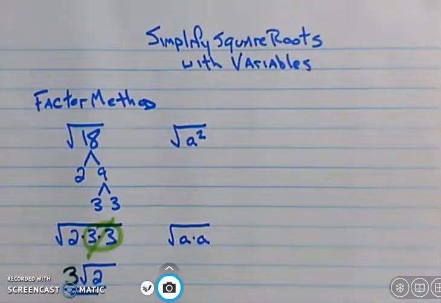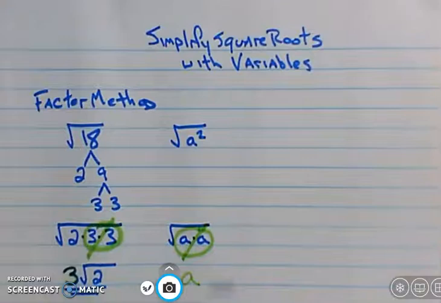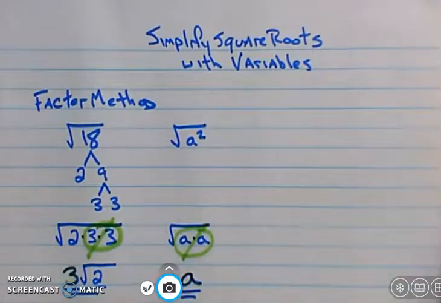With that in mind, I'm going to follow the same technique. If you'll notice, I do have a pair of a's. So I'm going to take that pair of a's, cross it out, and of course that a is perfect. Now there happens to be no leftovers on the inside, so my answer here is simply a. And what I just found out was the square root of a squared is a.